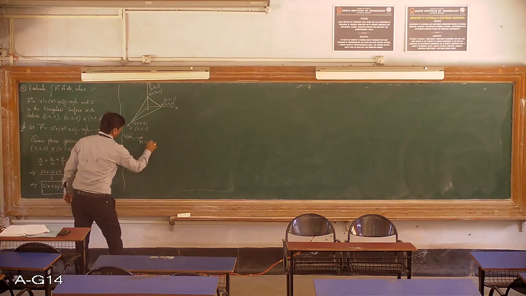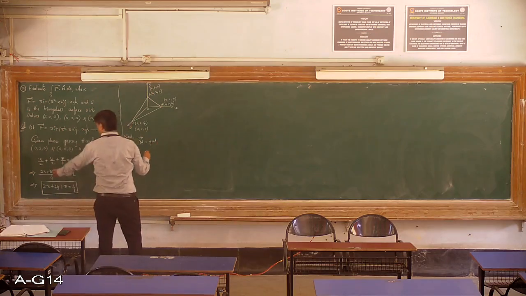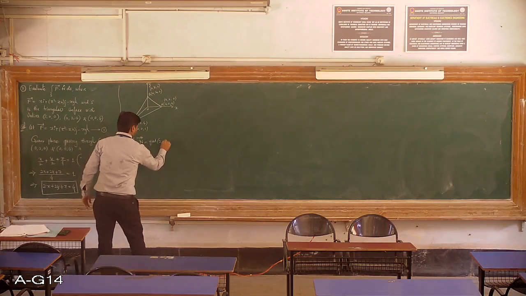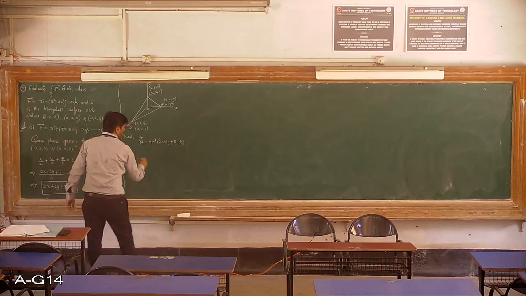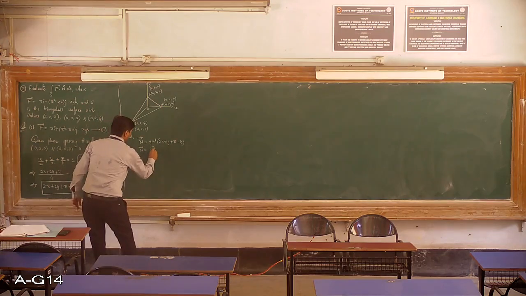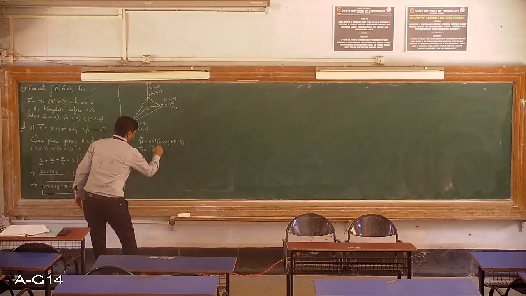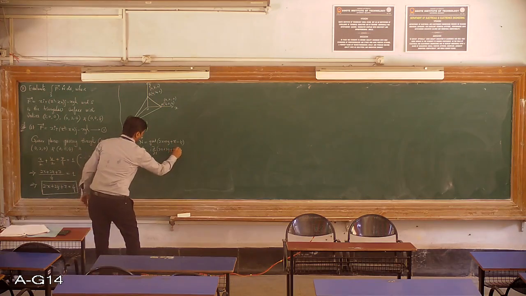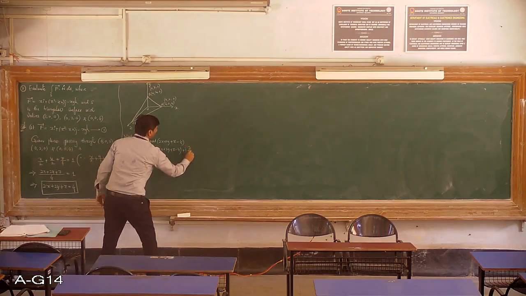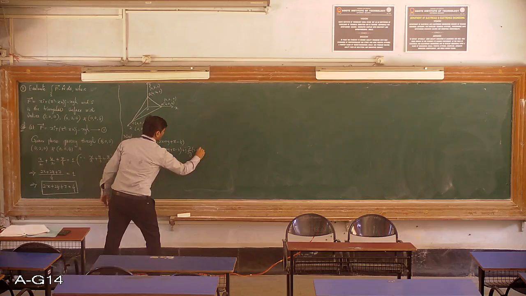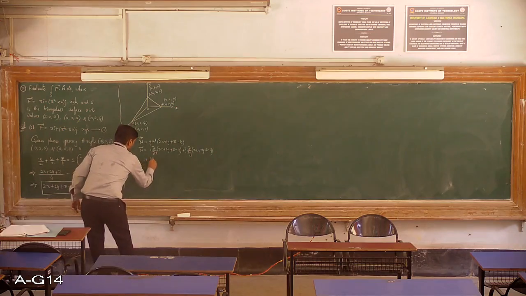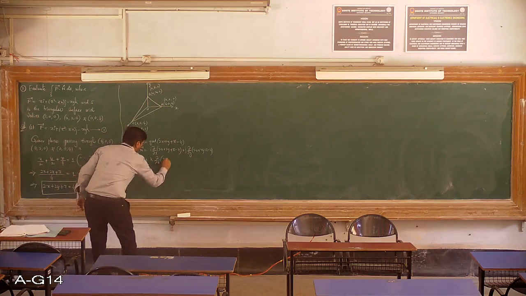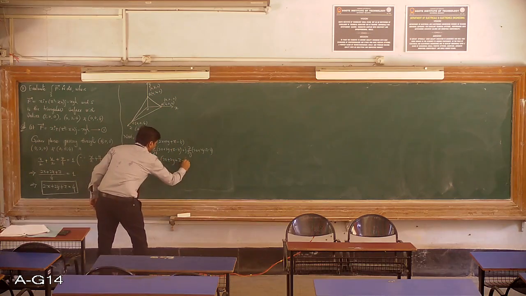First you find vector n, that is the gradient of this plane, 2x + 2y + z - 4. Therefore n vector is equal to i ∂/∂x of (2x + 2y + z - 4), plus j ∂/∂y of (2x + 2y + z - 4), plus k ∂/∂z of (2x + 2y + z - 4).